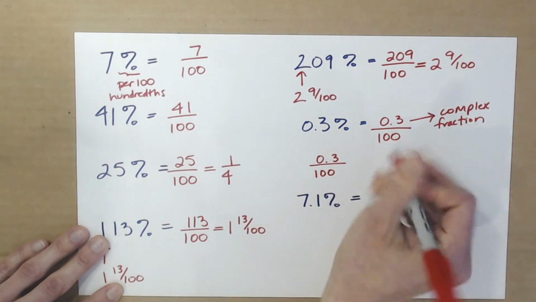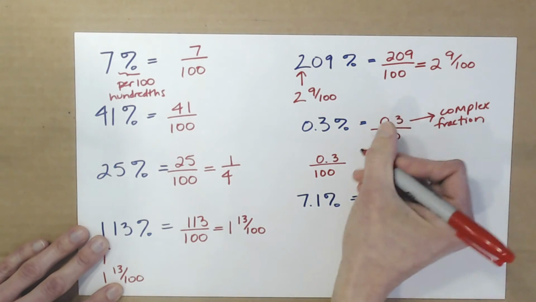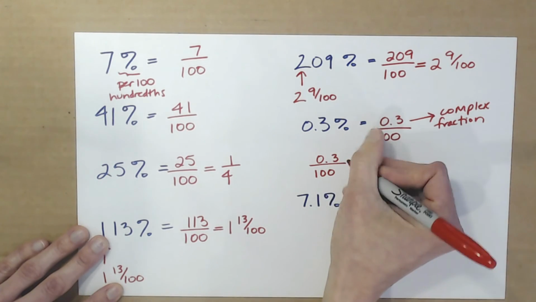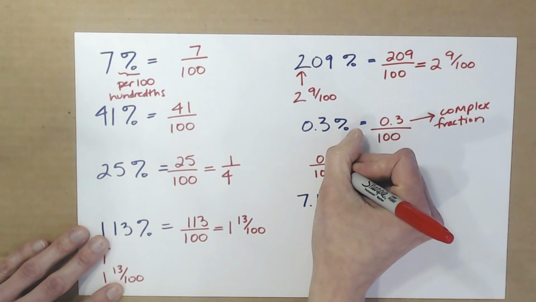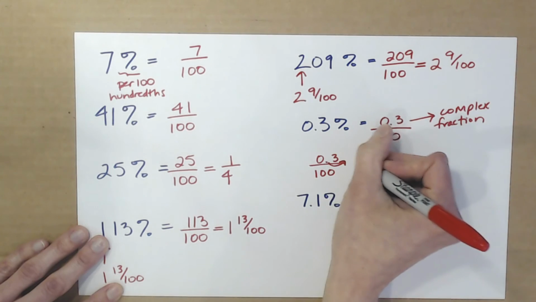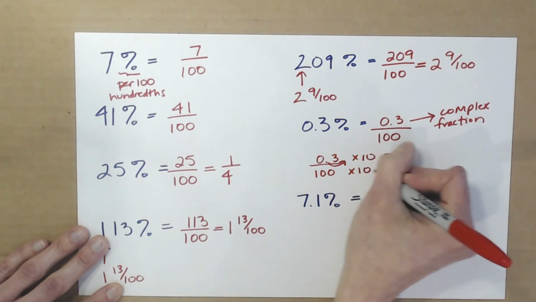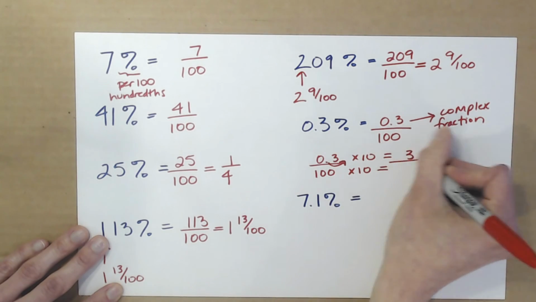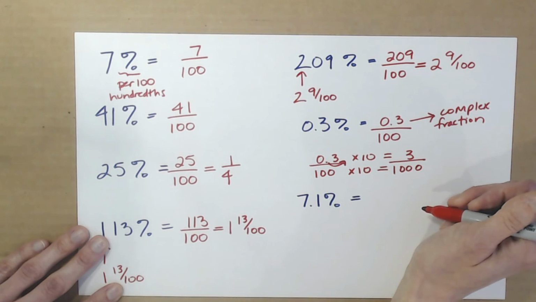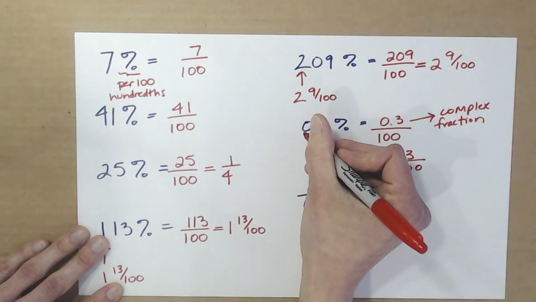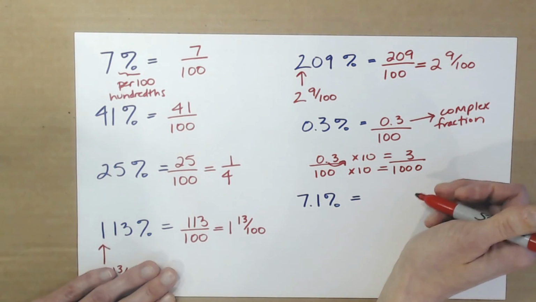We want to have whole numbers in the numerator and the denominator. So we know that if we multiply 0.3 times 10, we can move the decimal point 1 to the right, which would turn that 0.3 into 3. And then we would need to multiply the denominator by 10 also, and we would get 3/1000ths. So our answer here would be 3/1000ths. 0.3% of something is the same as 3/1000ths of it.